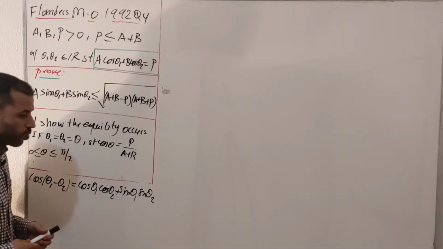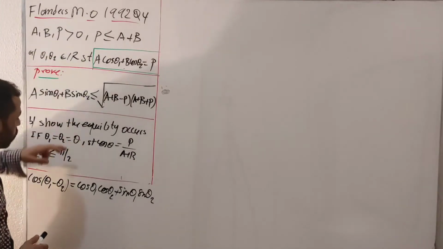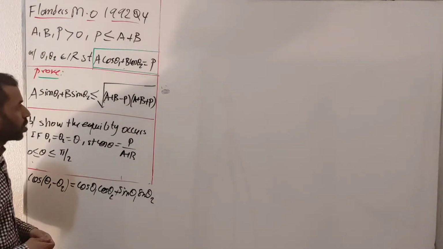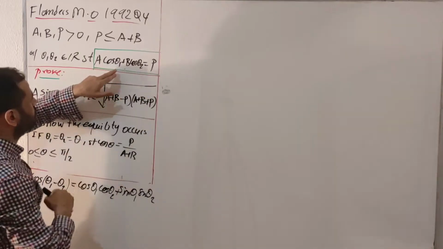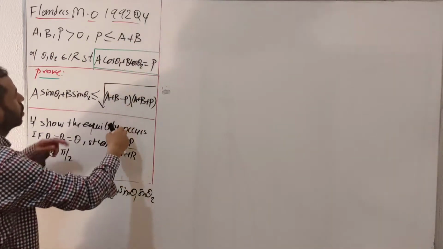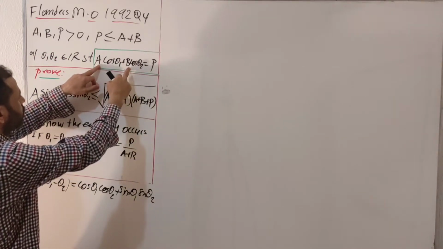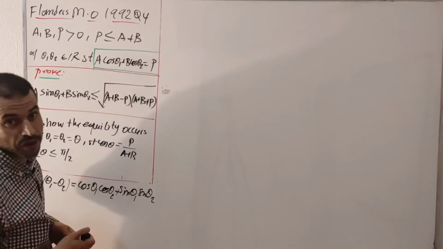Before we go forward to the next step, I'm going to show that theta 1 and theta 2 are located between 0 and pi over 2. Since this equation equals P, which is positive, and A and B are positive, that means cosine theta 1 and cosine theta 2 are positive as well.